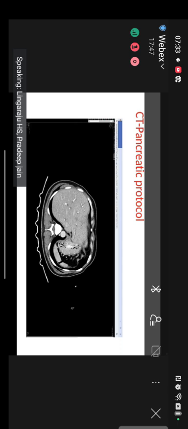So, what is the next investigation you would like to have? The CT scan, pancreatic protocol. What is the pancreatic protocol CT? One millimeter thickness CT of the pancreas, depicting all the phases. Which phases do you need?